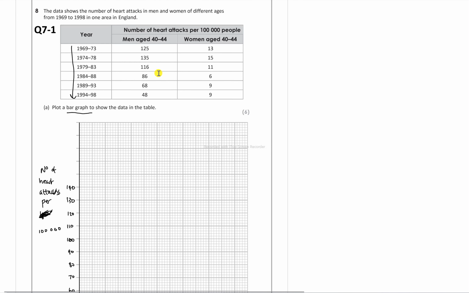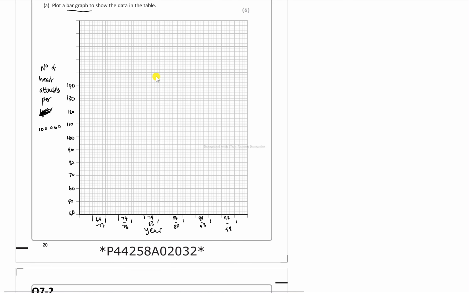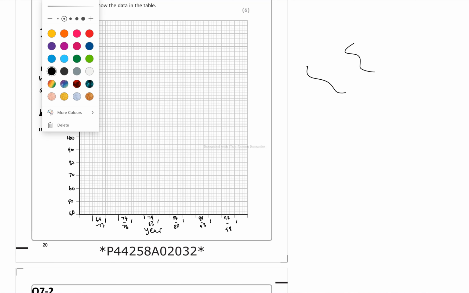Right, so what we need to do, a bar chart. Right, let me see if I can get hold of that. Can I get hold of that? Oh, what a shame. No, something's gone wrong. What's gone wrong? Let's have a look. What's going on here? No, nothing's happening properly.